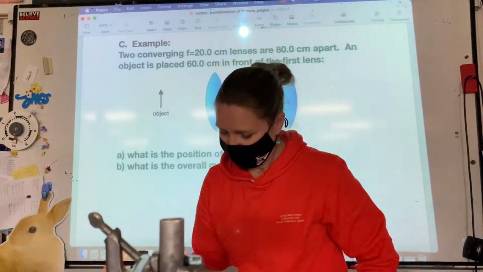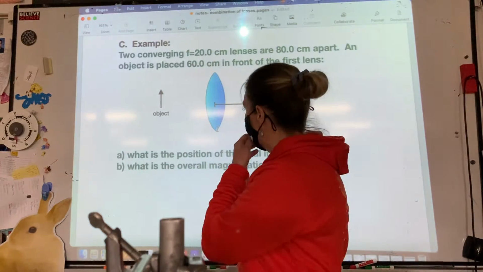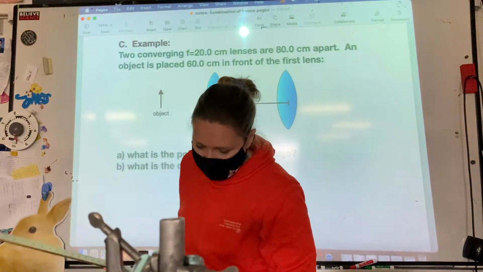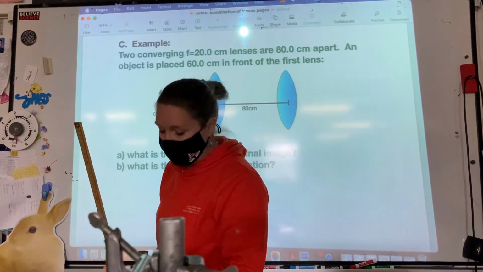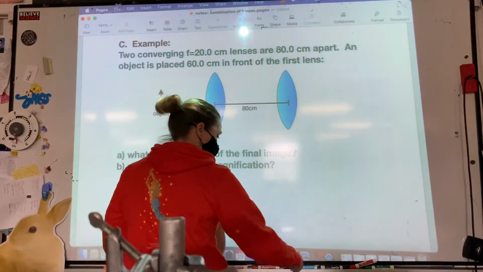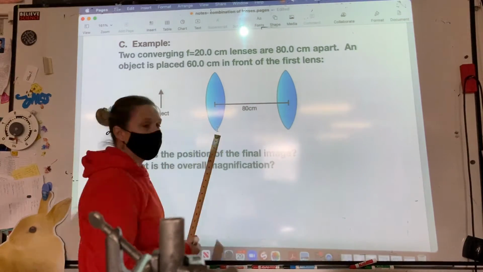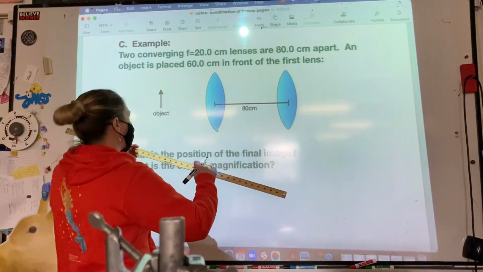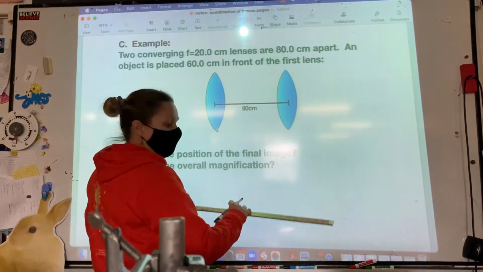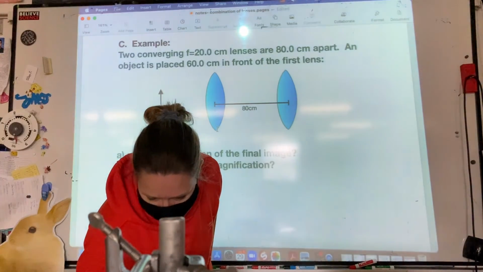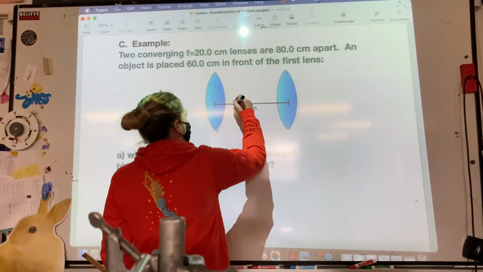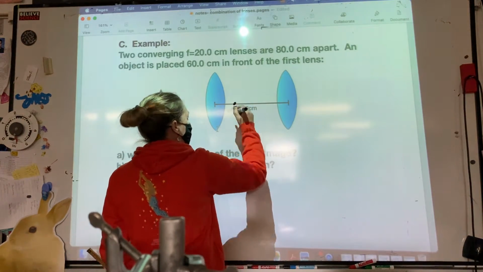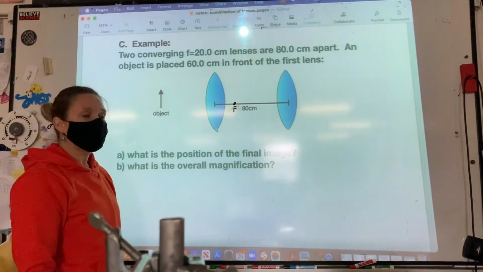Do we have to draw? I am going to draw real basic lines, without numbers. Here, I'll put a dot.